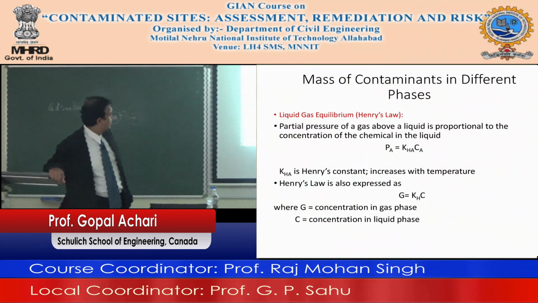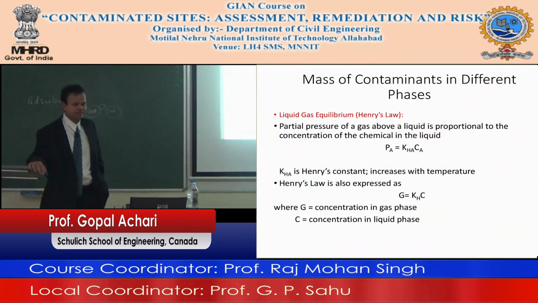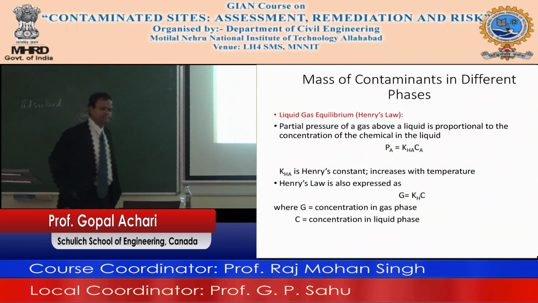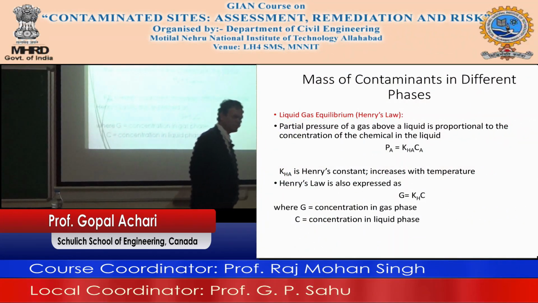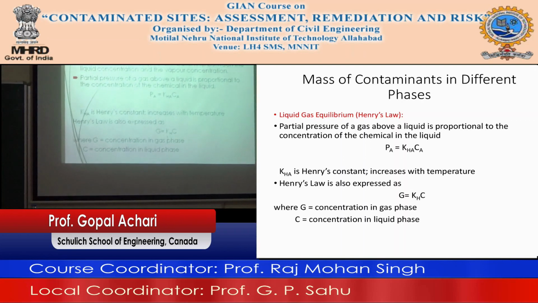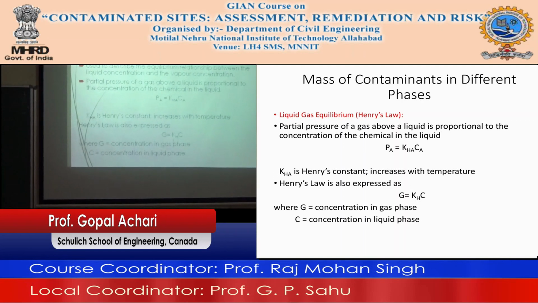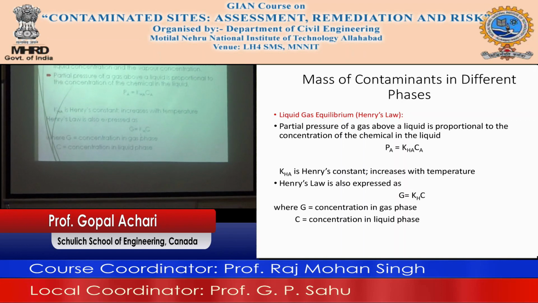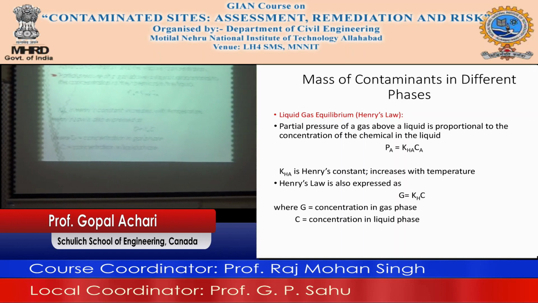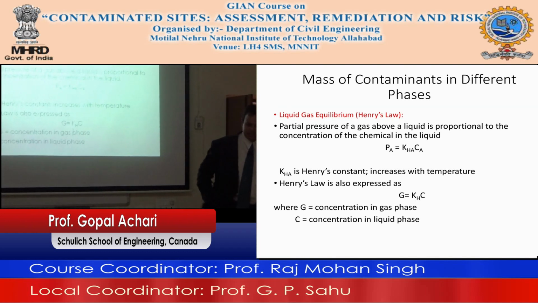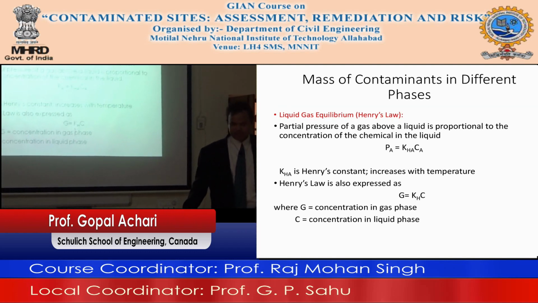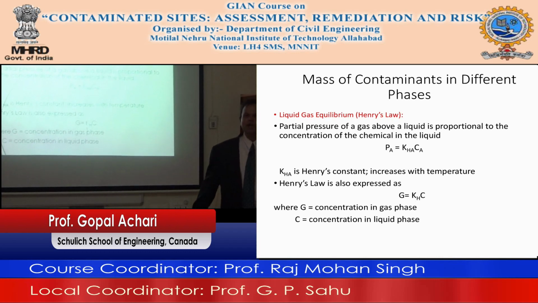Okay. This is the mass of contaminants in different phases. Why do we need to know mass of contaminants in different phases if you want to remediate a site? Why do you need to know the contaminant partitioning?